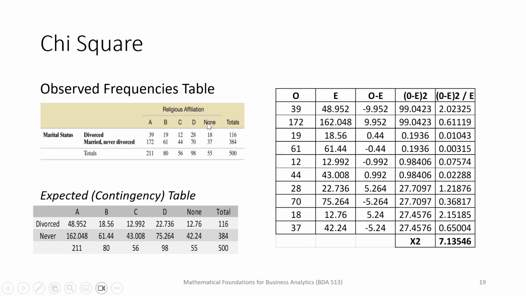So we have 5 columns, excluding the totals. 1, 2, 3, 4, 5, that's A, B, C, D, and none. And for the rows, we have divorced and never divorced, so just 2 rows.